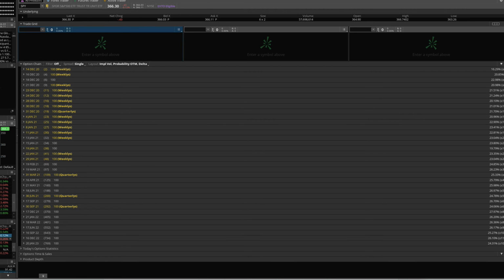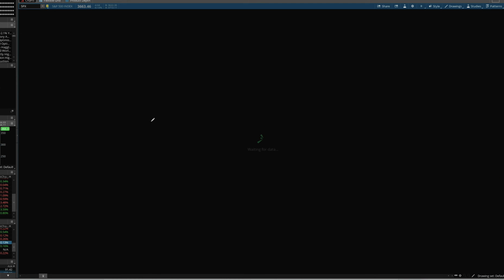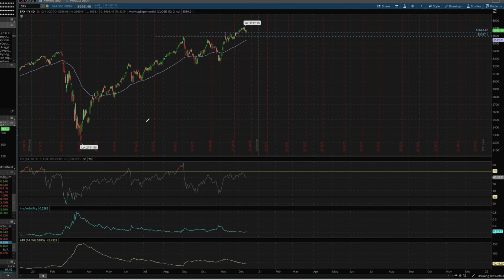The next one I look at is the SPX. Now the SPX is a little bit different. Compared to the SPY, the SPX doesn't have a time and sales. If you're going to trade, you're going to trade based on the technicals, really.